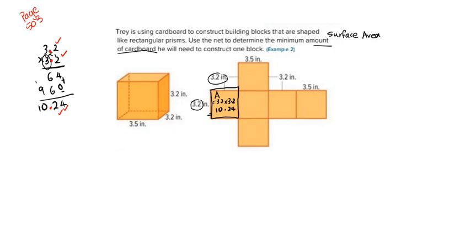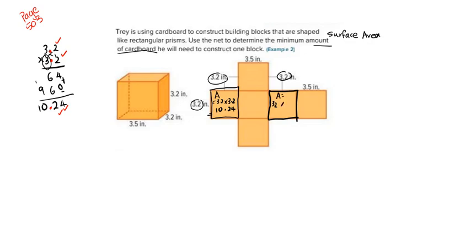Okay, now remember we said there'll always be two matching rectangles opposite each other that have the same area. You can see this dimension is also 3.2, and this dimension will be the same as this dimension, which is 3.2. So this area is the same.